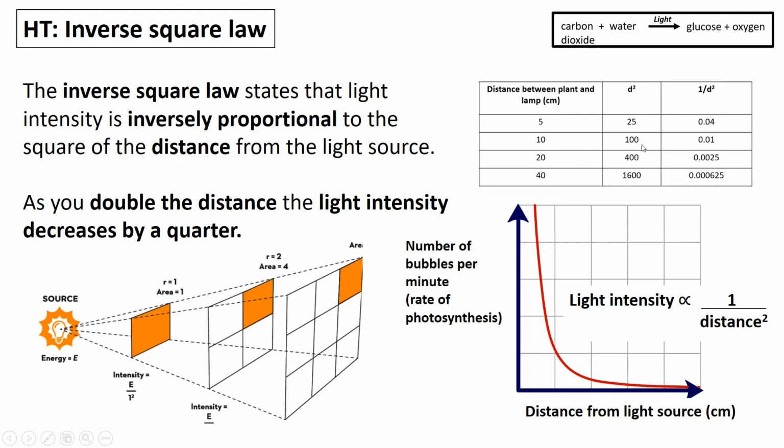You can see that as a value as well. If you're calculating this, you would have to work out the distance and square it, and then you do 1 over distance squared, and you can see with the values that you get as you double the distance, and that's doubling, remember, it's not going up by 5s, it's going from 5 to 10 to 20 to 40. So as you double the distance, then this quarters each time.